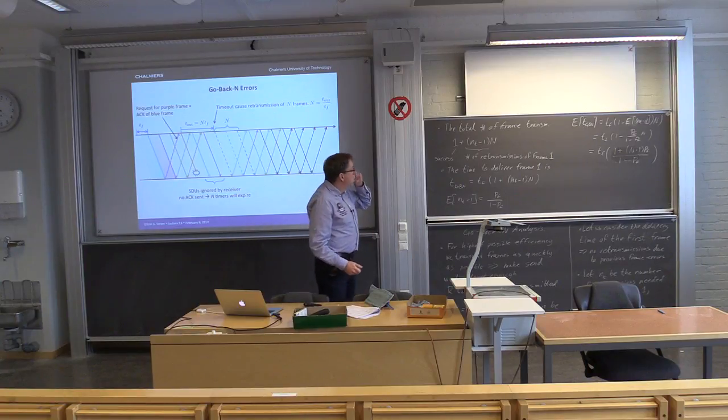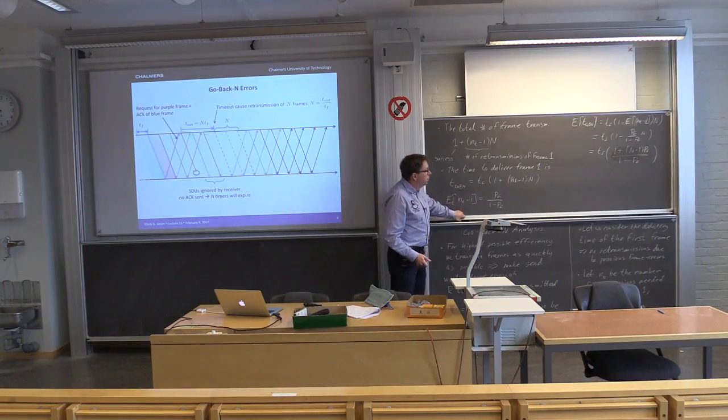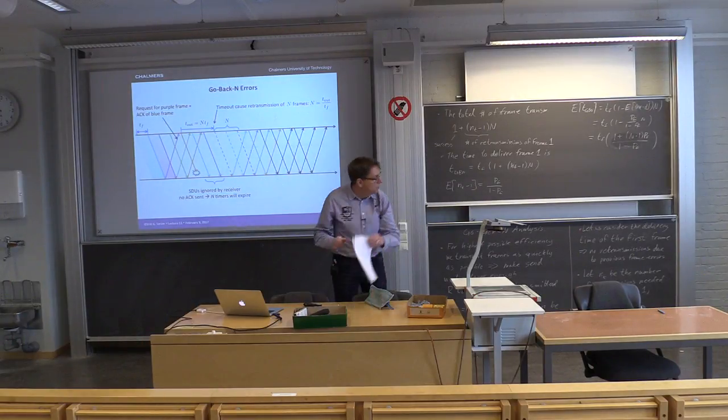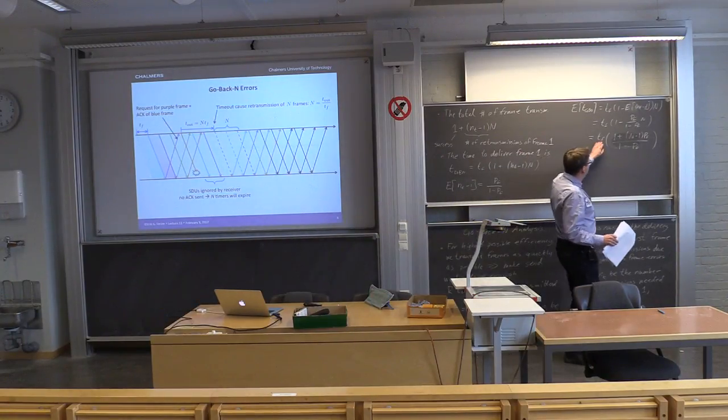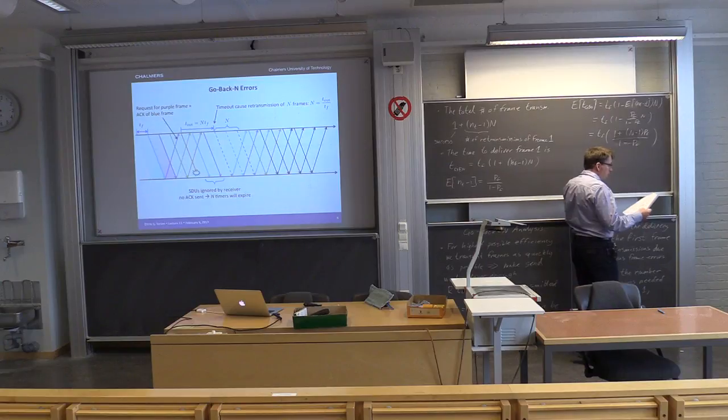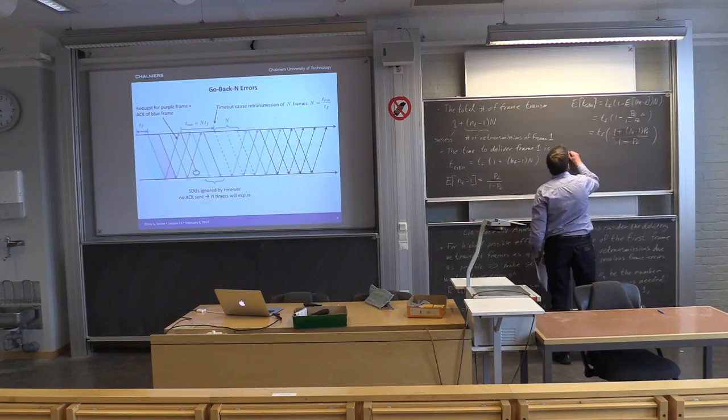Okay. So now we know the expected time it takes to deliver one frame. So it's this expression here. It depends on Tf, and it depends on this parameter N, and it depends on Pf. So the effective data rate for go back N, what is that?